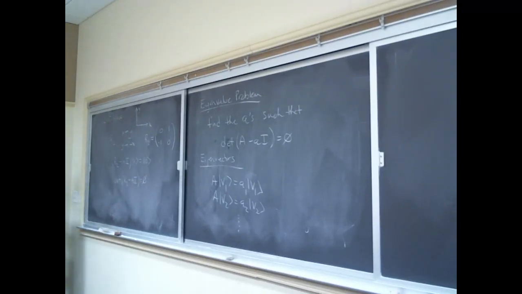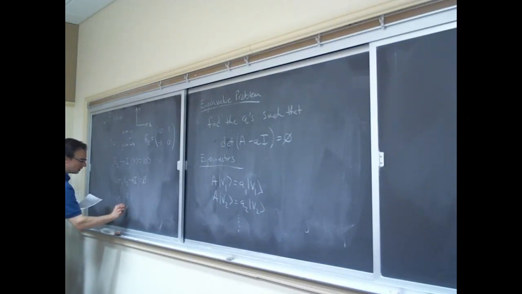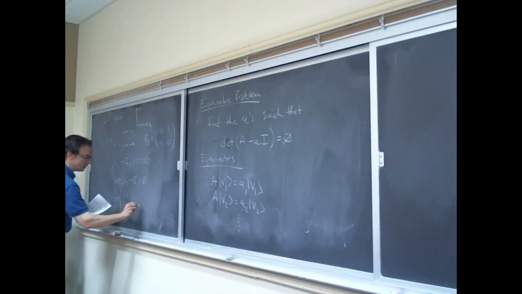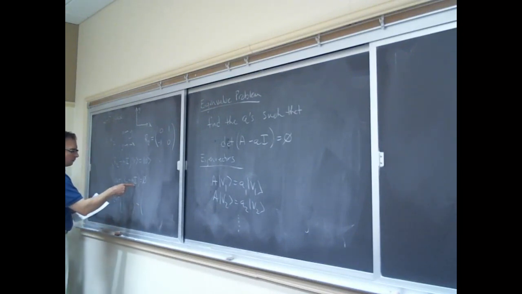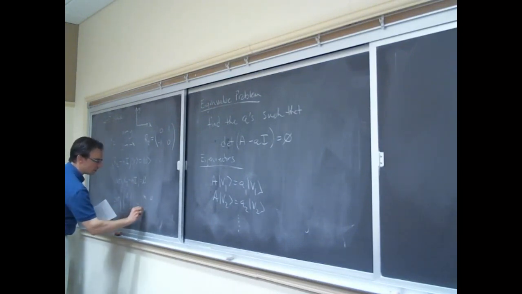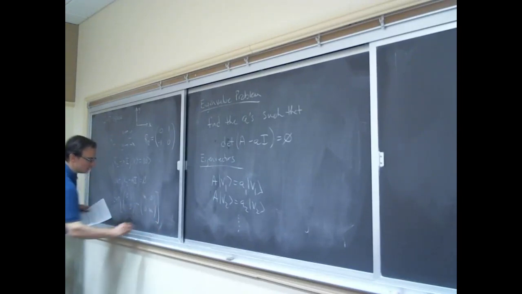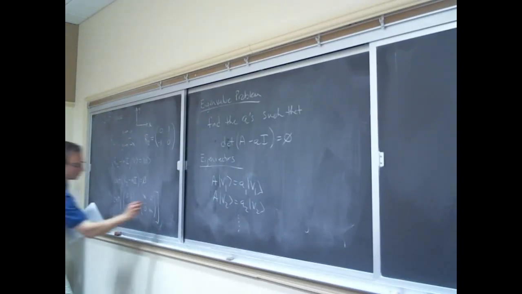Okay, we need to solve that equation. So we can actually write that equation out. We have the determinant of 0, 1, minus 1, 0, minus mI, so this is just m, 0, 0, m, and that has to be equal to 0.